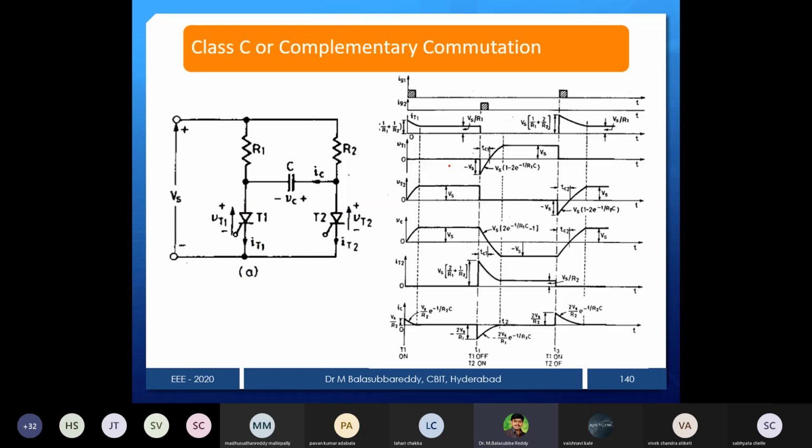Now we'll see the steps also. It is very simple. The waveform may be a little repeated, so it will be lengthy, but just consider only one instant; up to this is sufficient. The first instant is this one. For that, first I have to give the firing pulse to thyristor 1.